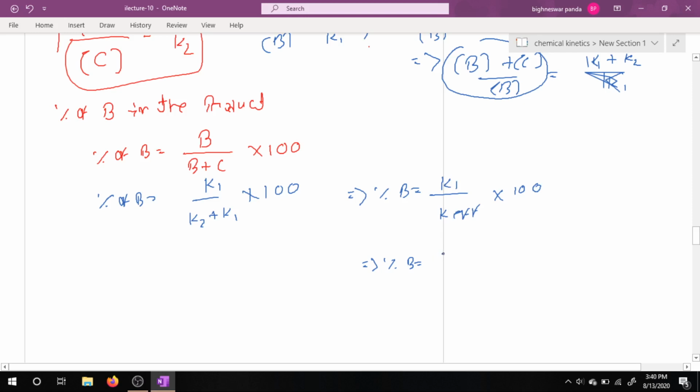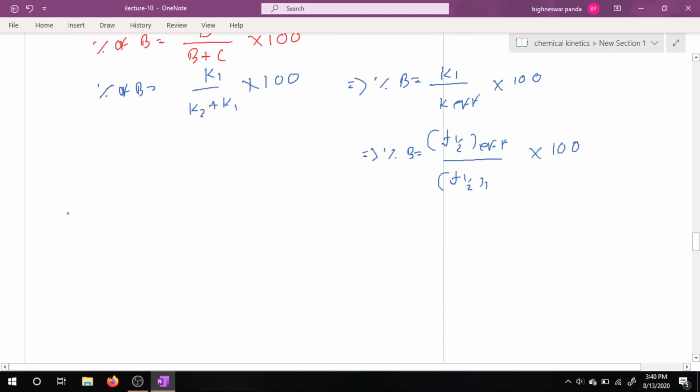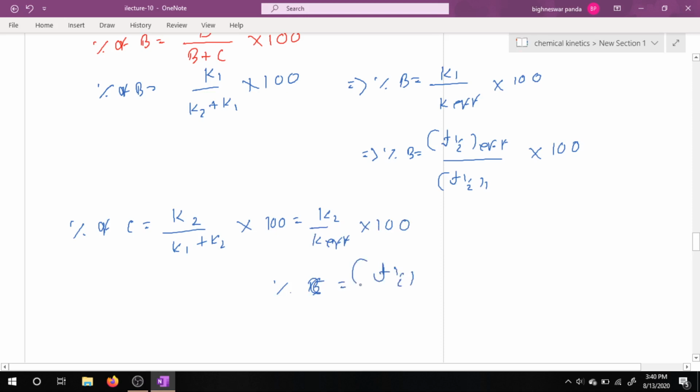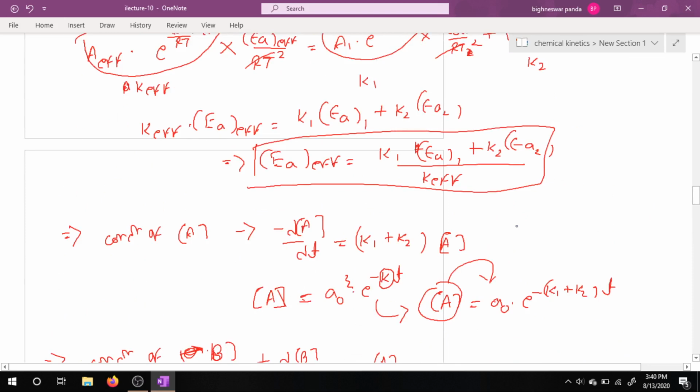So by solving this, percentage of B is t half effective by t half 1 into 100, and similarly for C. So this is all about the special cases of first order reaction, parallel or side reaction.